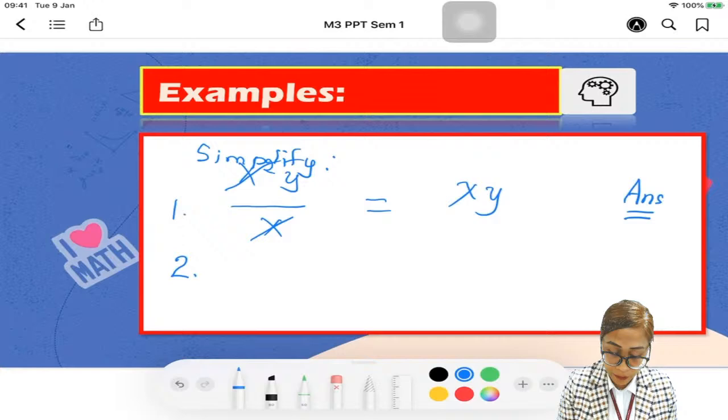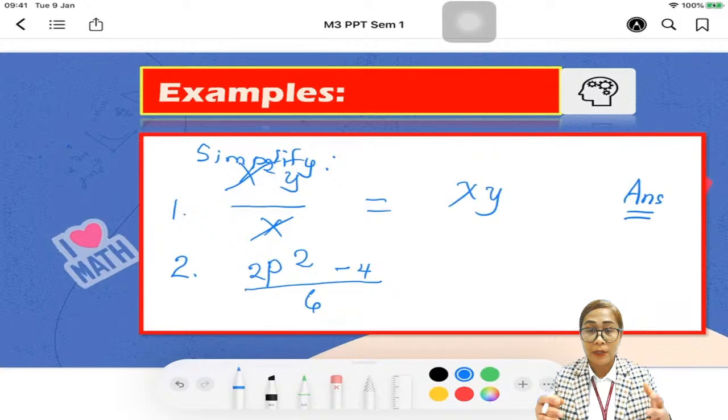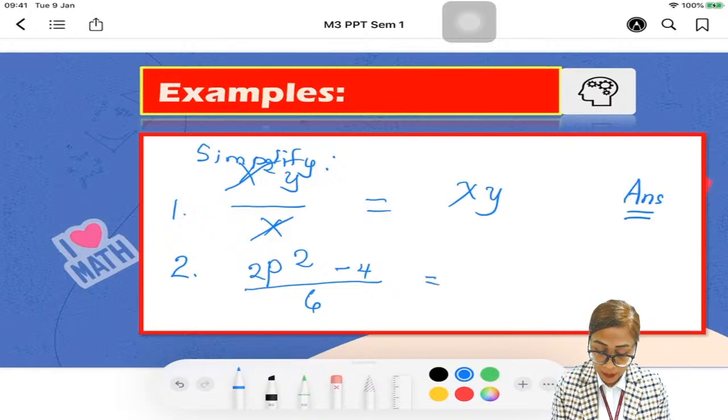Another example will be 2p squared minus 4 all over 6. How do we simplify this algebraic fraction? You have to take out the highest common factor of 2p squared and minus 4, which is 2.